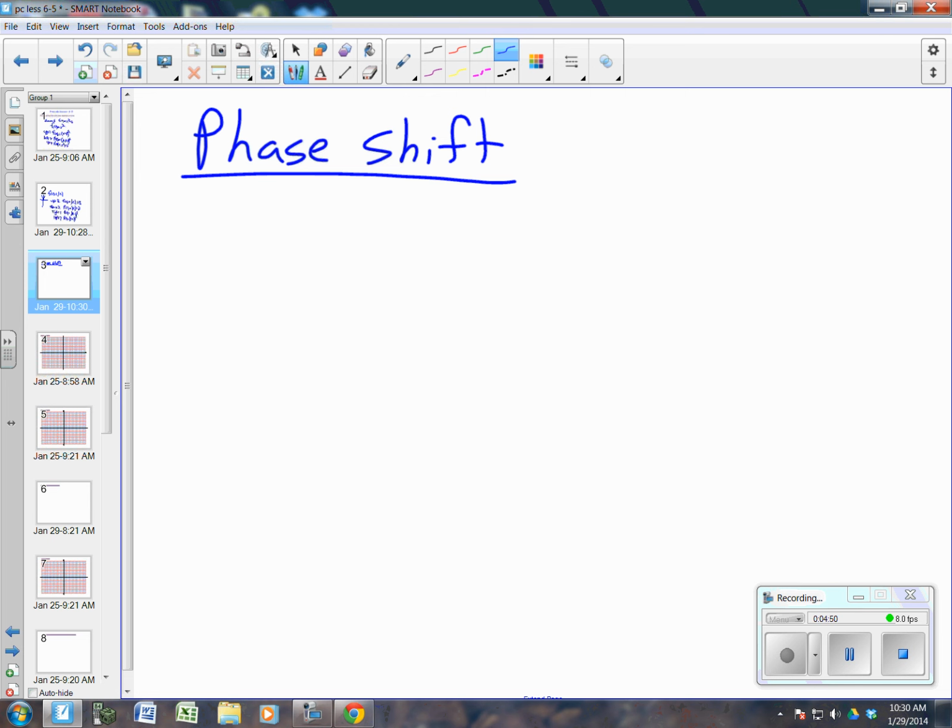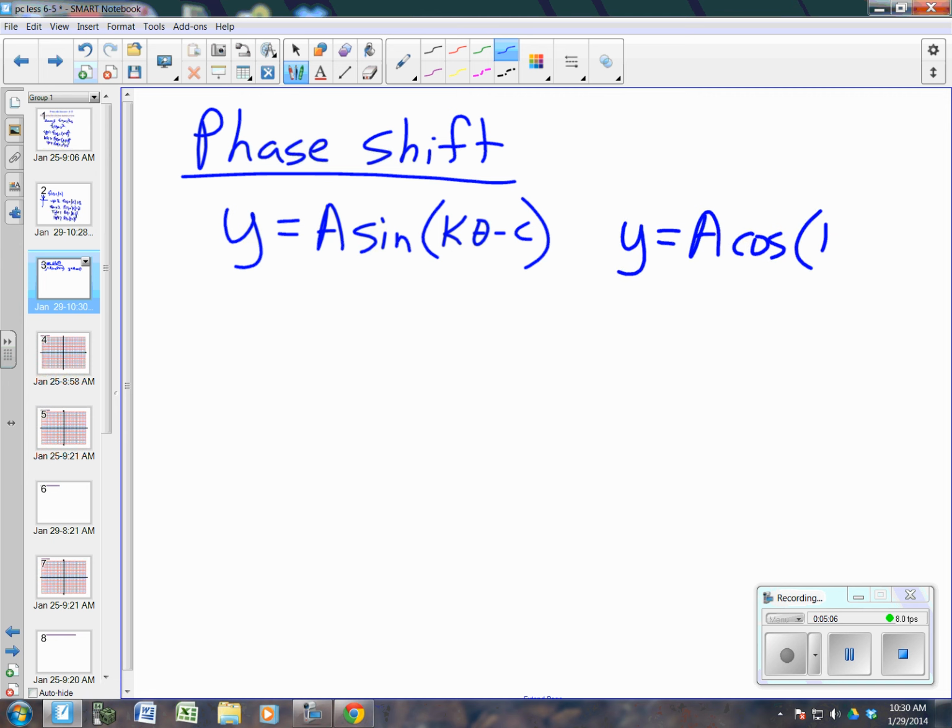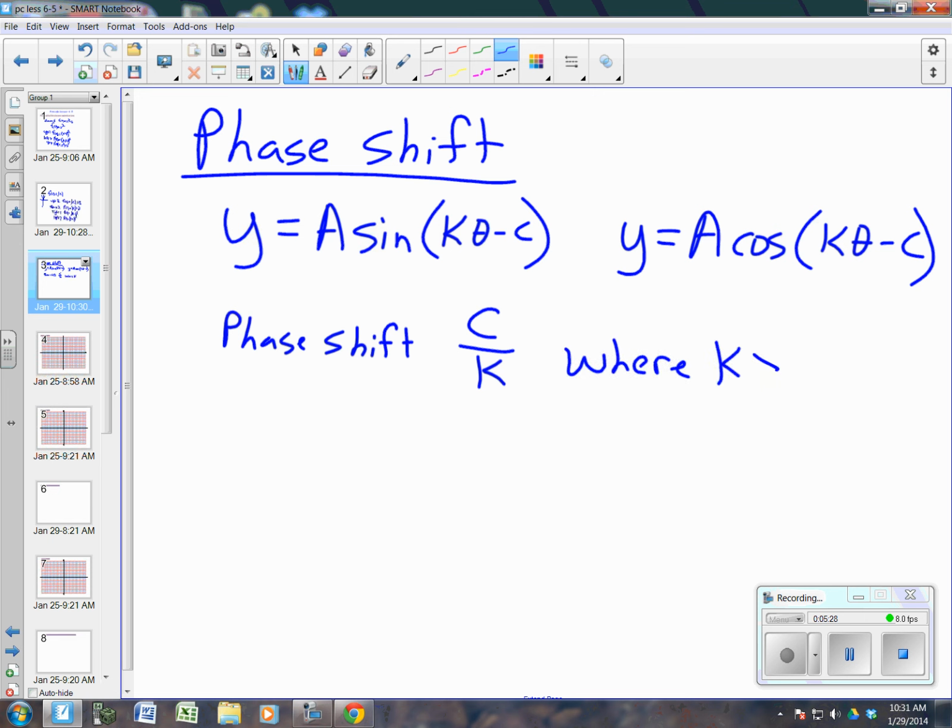If you are given y equals capital A times sine of k theta minus c, or y equals capital A times cosine of k theta minus c, the phase shift is c divided by k, where k is greater than 0.